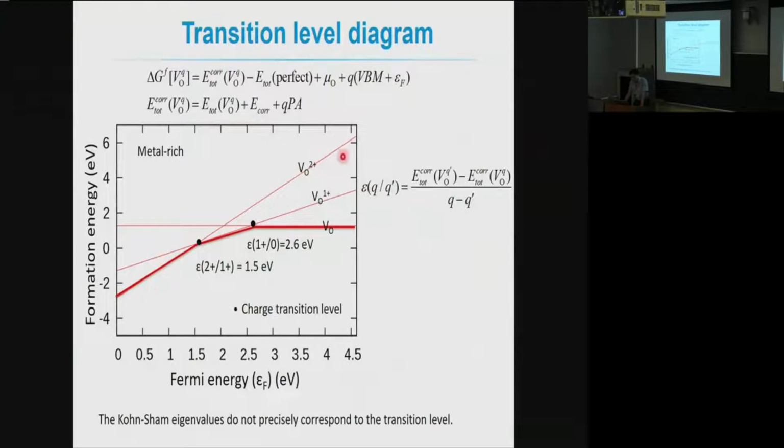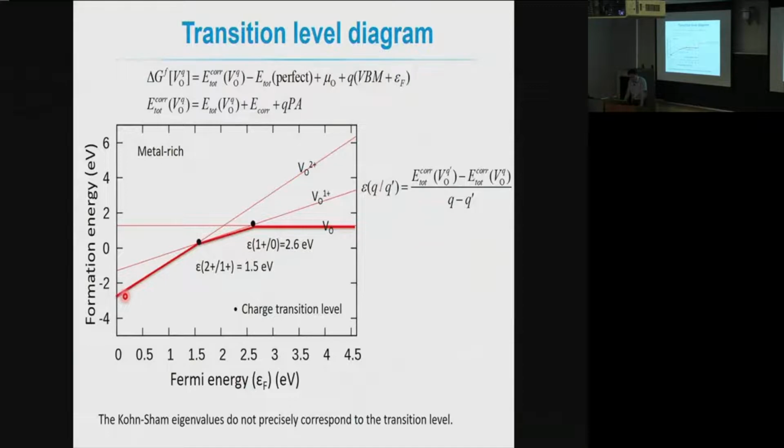All right. Okay, so then you collect these three energies, for the neutral, the 1 plus, and the 2 plus, in one diagram. This is the Gibbs free energy, and the system always tries to minimize the Gibbs free energy. So the charge state takes only the lowest free energy state.